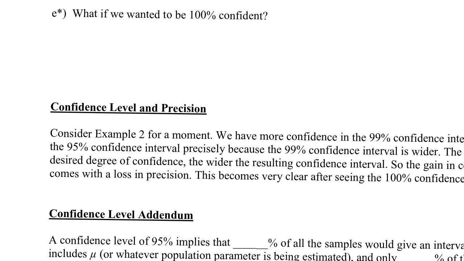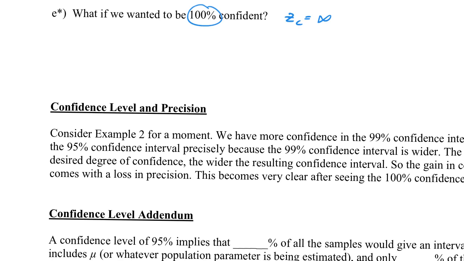So to do this, we're going to have to find a z-score. We'll have our z sub c. To be 100% confident, our decimal, which we had before, was 0.95, then 0.99, and now it becomes 1. And the only way you can get all the area under the normal curve is if your z-score is infinity.